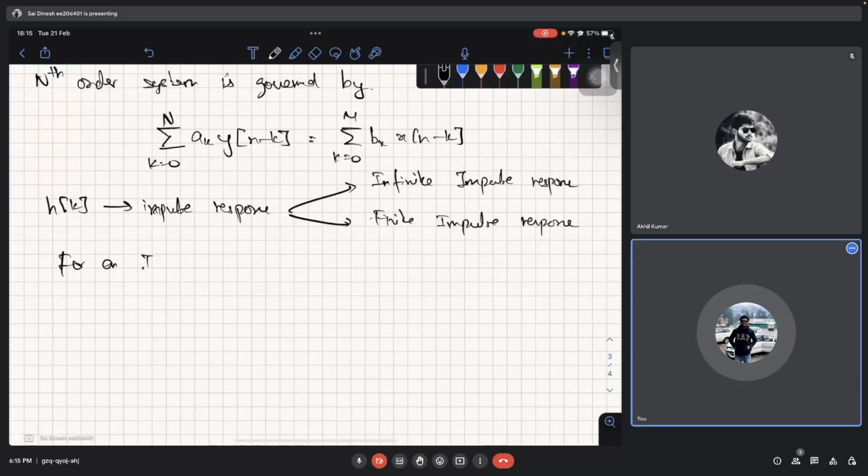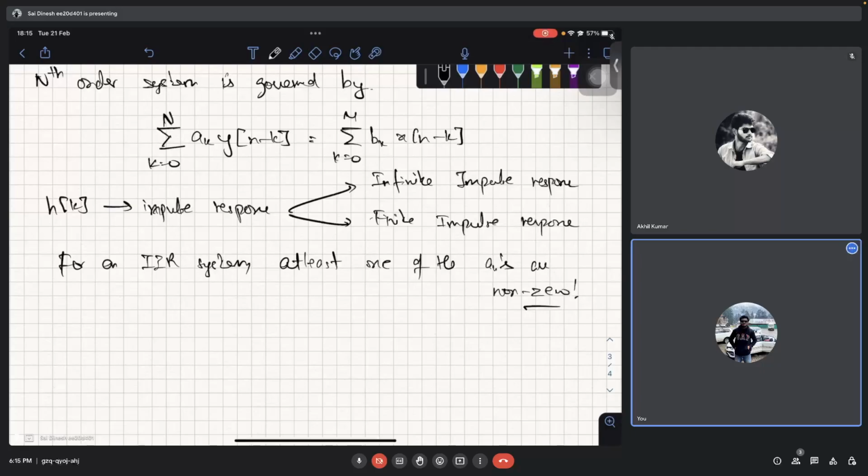For an IIR system, at least one of the aks is non-zero. If all aks are equal to 0, then it is an FIR system. So these are the FIR and the IIR systems that we have.